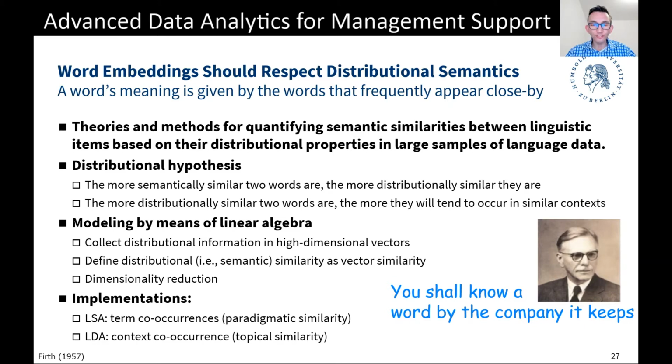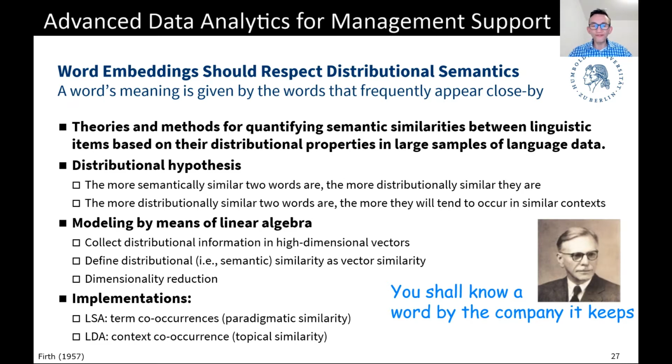To achieve that we used matrix factorization to then reduce the dimensionality of the factorized matrices, we denote them by U and V, these document concept and term concept matrices.